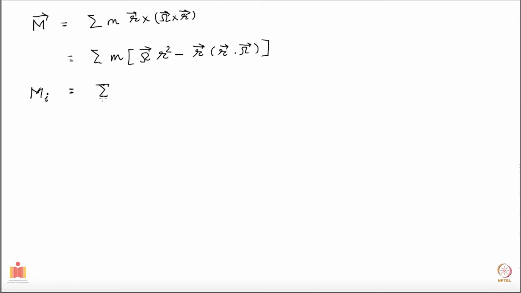But anyway, this sigma is going to remind us about the body index. So m is there, no problem. This is the only vector quantity in here, so you pick up the ith component, then you have this scalar r square minus ri. This is the only vector quantity, and r dot omega is a scalar, so there's no problem. I can write this as rk omega k.